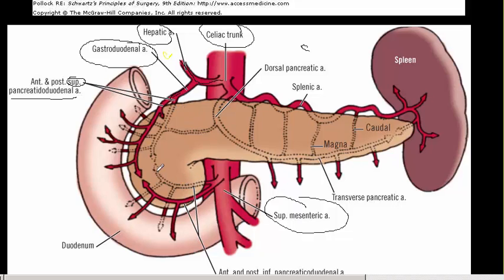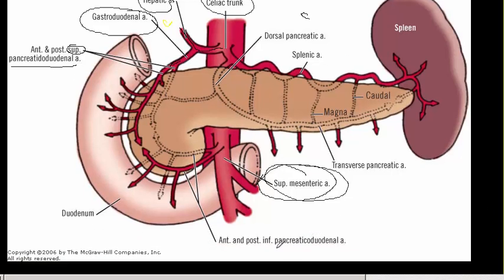What about the inferior part? Actually, the superior mesenteric artery will give the anterior and posterior, again, pancreaticoduodenal arteries. Just notice that this part of the pancreas and duodenum are supplied together from the same branches.